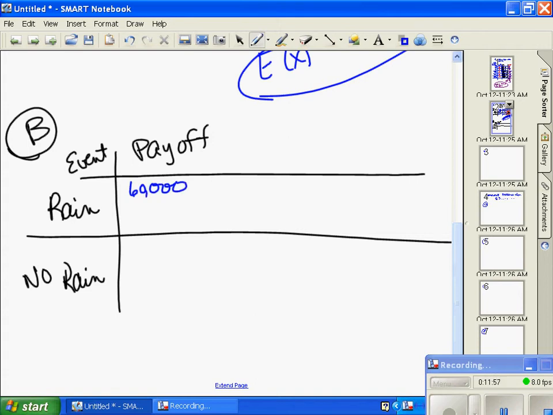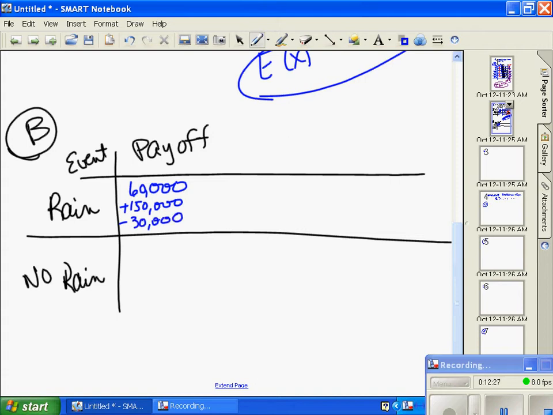But if we have an insurance plan, that means that if it rains, the insurance company is going to pay us 150,000 because it rained. But you also have to remember that you had to pay a premium. Every year you have to pay a premium for your insurance, or maybe it's every 6 months. It just depends on your policy. But this one probably is a yearly or a season.